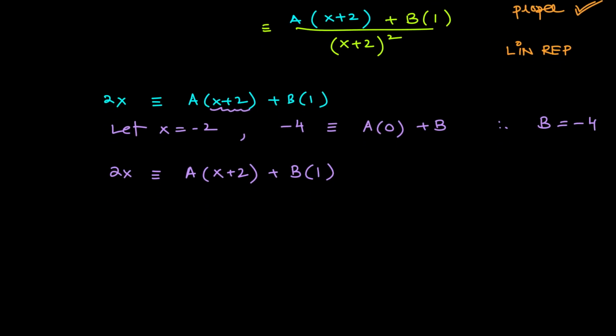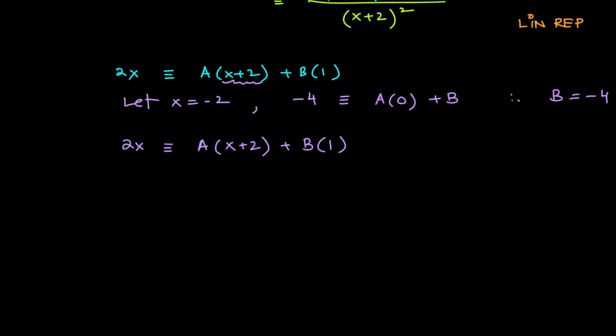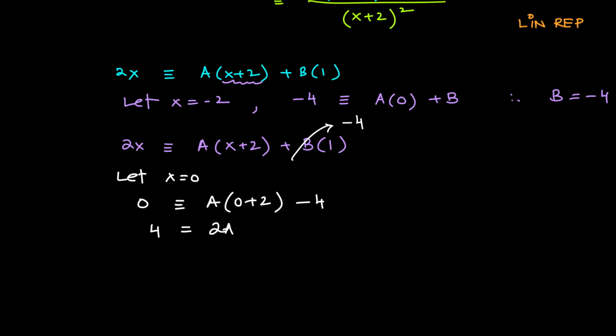So if I choose the simplest of all values, that is x equals 0, then 0 equals A multiplied with (0 plus 2), plus B. The value of B is known, which is -4. Transfer the 4 to the other side. So 4 is equal to 2A. Therefore A comes out to be 2.